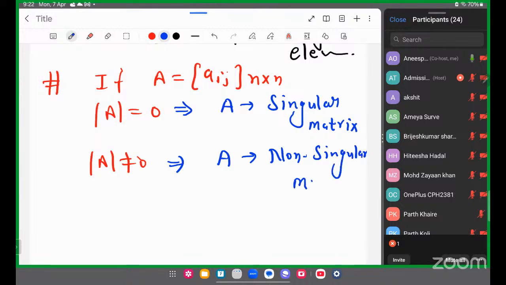There will be lots of questions on this concept, singular matrix and non-singular matrix. If the determinant of a square matrix is 0, it is a singular matrix, and if the determinant is not 0, then it is said to be a non-singular matrix. Understood or any doubt?